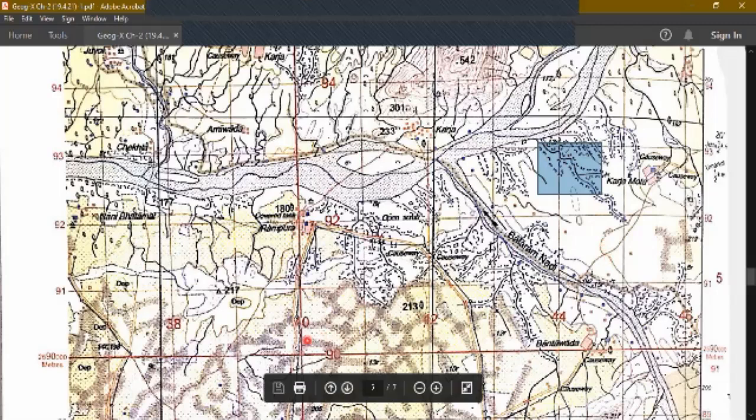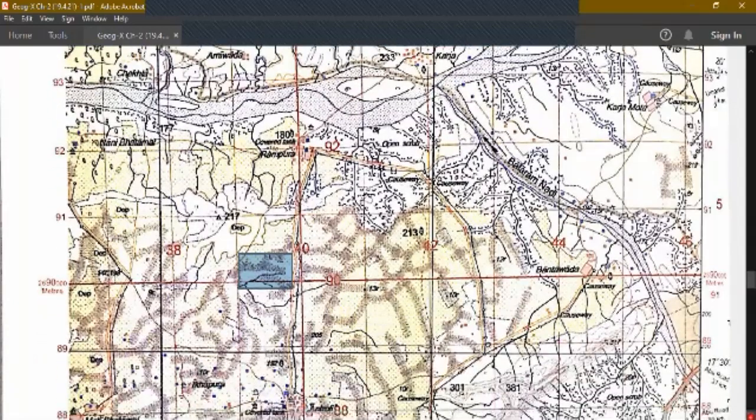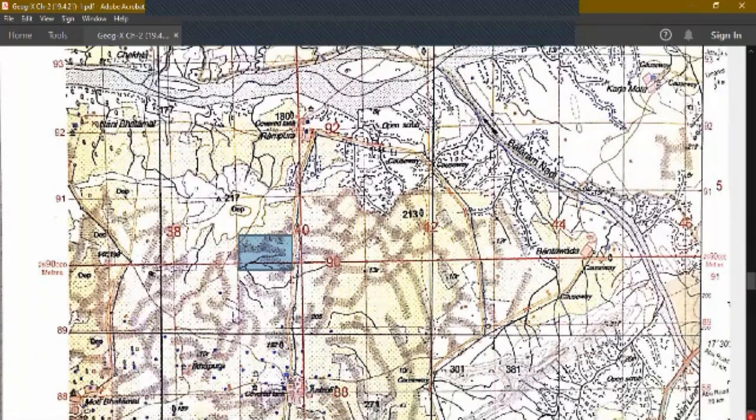The next feature is the sand dune. Sand dunes are aeolian depositional features, meaning depositional features formed by wind. These hills of sand are formed by the deposition of sand by wind activity.